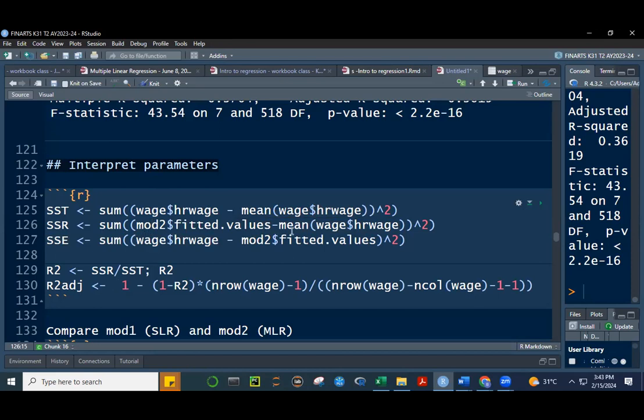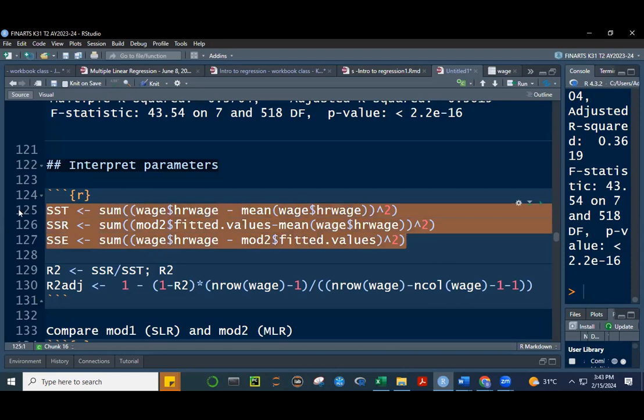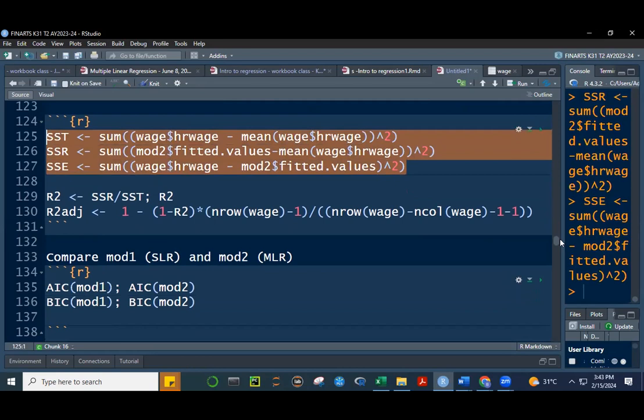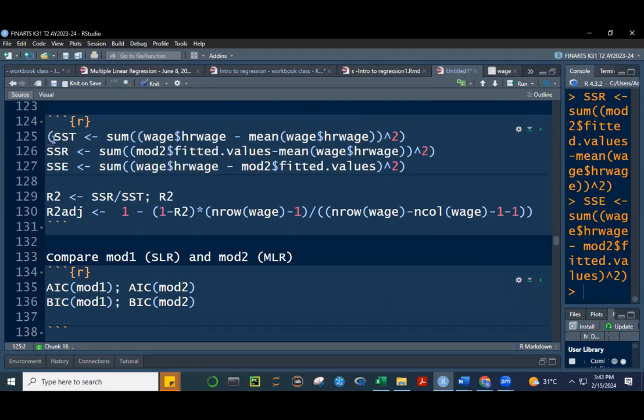And then, okay, why don't we do this, okay, class? So if I run this, you'll get our SSR. So to print it, I'll just put a parenthesis here. If you put a parenthesis at the beginning and at the end, it will automatically print the result.